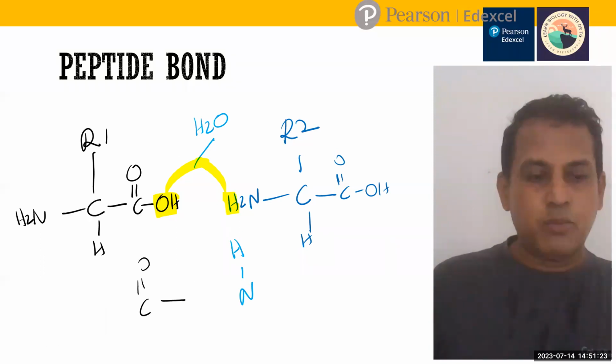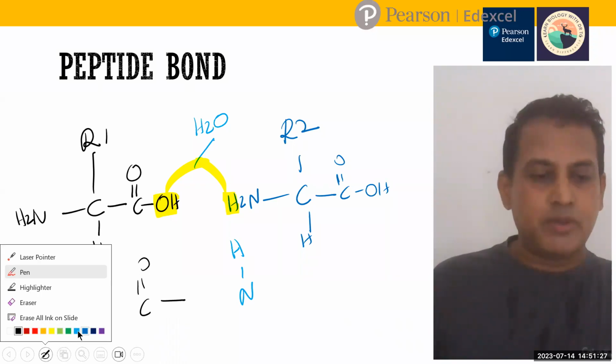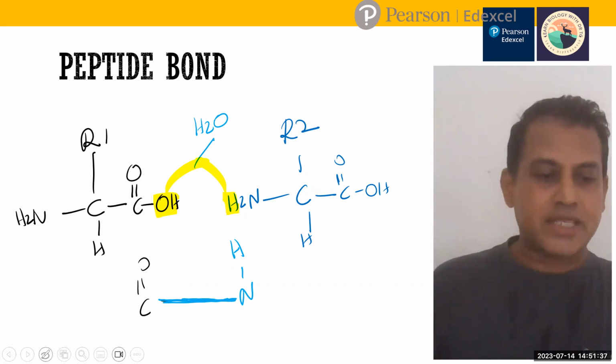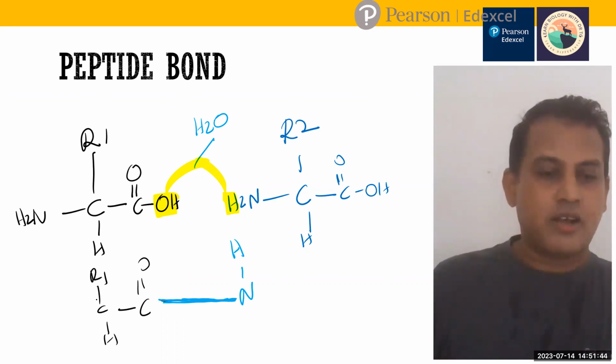So then a bond is made between carbon and nitrogen. So this is the bond. And the rest of the thing remains the same, no change. For example, C, H, R1, amine group.